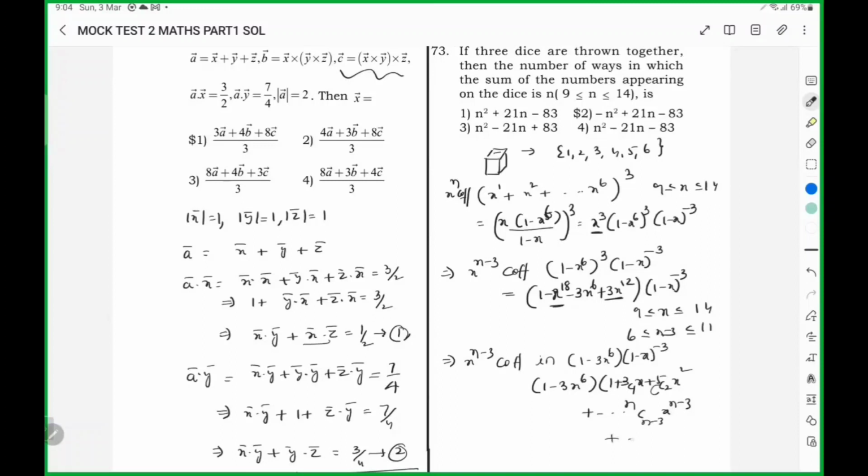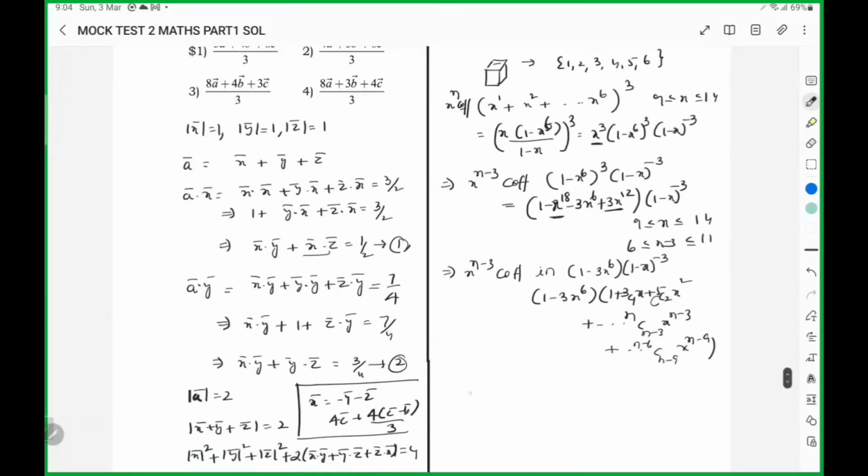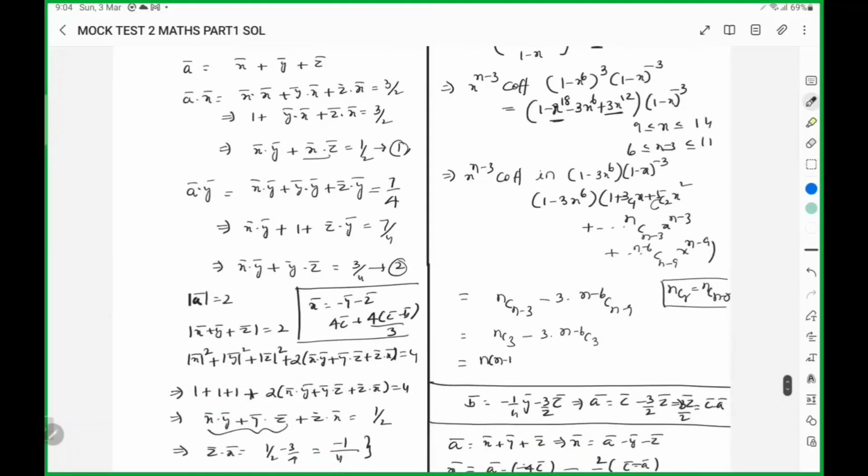Then similarly, the coefficient of x^(n-9) you write (n-6)C3. So which is equal to nC(n-3) minus 3 times (n-6)C(n-9), that is nC3 minus (n-6)C3. nCr is the same as nC(n-r). Then n(n-1)(n-2)/3! minus 3(n-6)(n-7)(n-8)/3!.